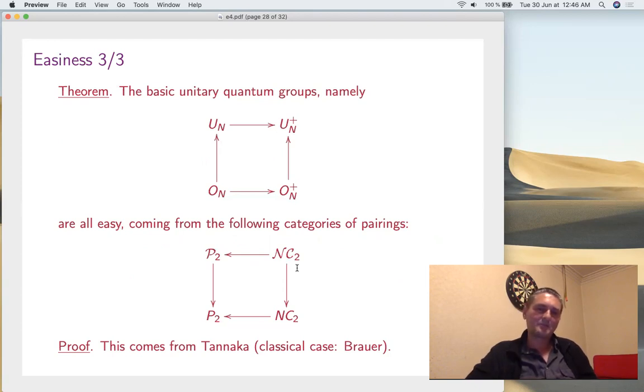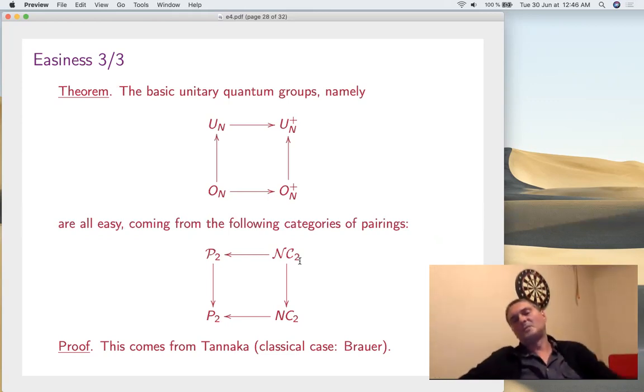So why is this true? I was saying that U_n^+ corresponds to the smallest possible category generated by R. Well, there are the non-crossing pairings, right? What else can it be? And here they must be white-black and black-white, so they're matching. Now, I'm passing from U_n^+ to O_n^+; you basically forget the color somehow.